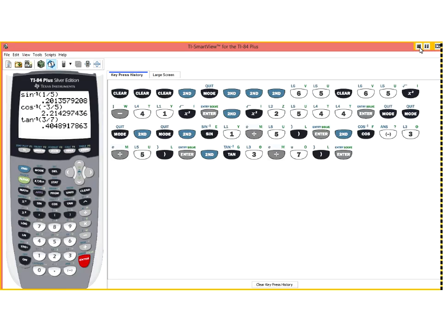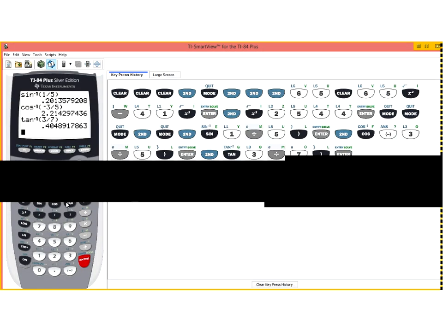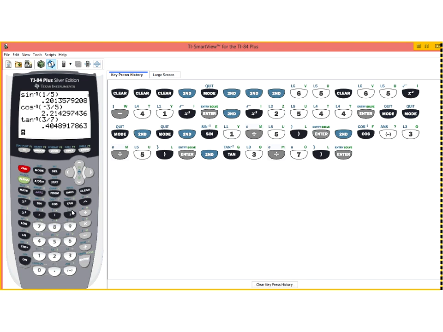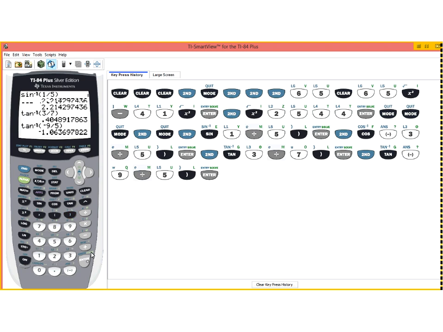So I'm going to go to my calculator, and I'm going to do inverse tangent of minus 9/5, and I get minus 1.0637.